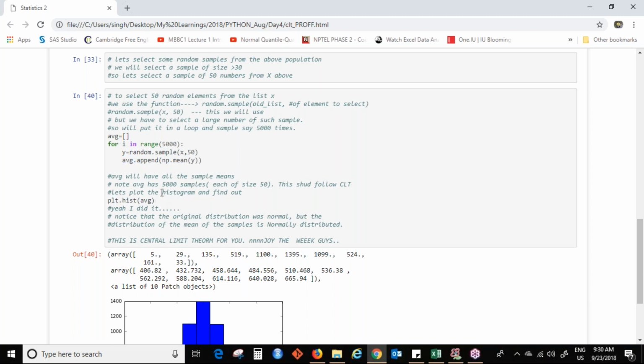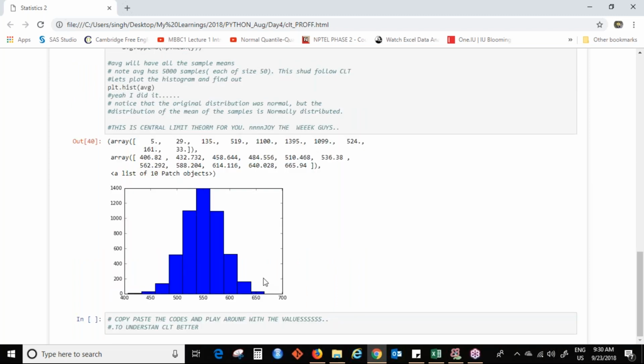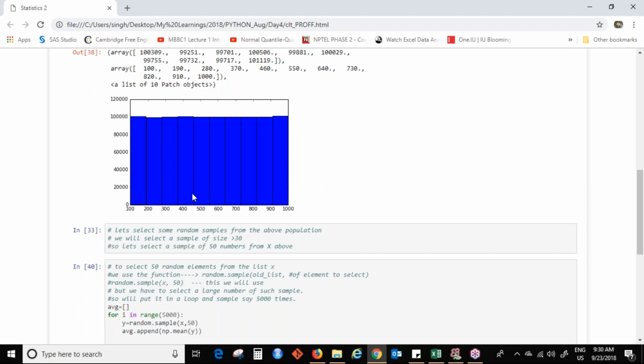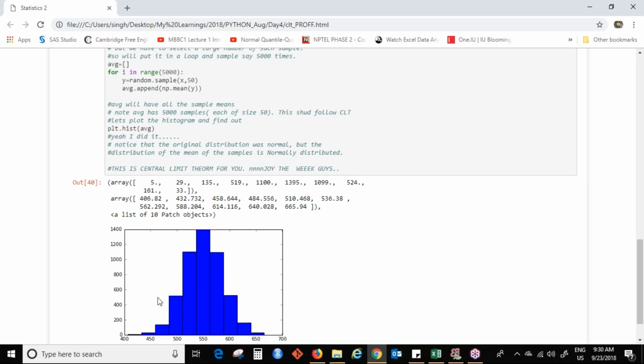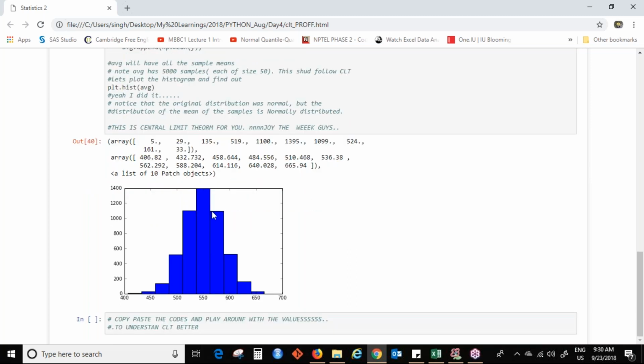Now look at the histogram. It looks like a normal distribution, even though your population was not normal. But when you took a large number of samples of size at least 30 or 50, the average of the samples started looking like a normal distribution. So this is the central limit theorem.